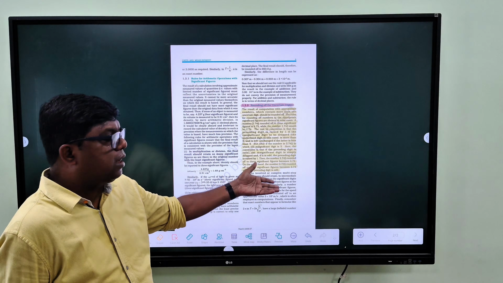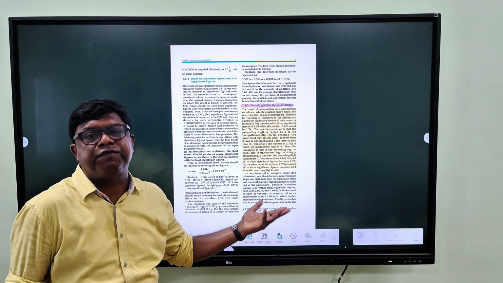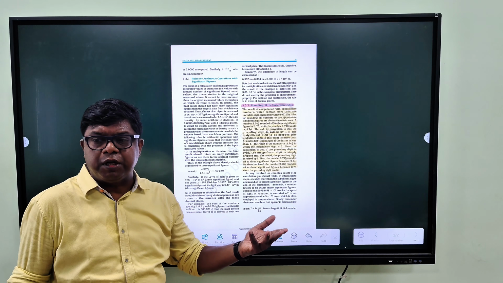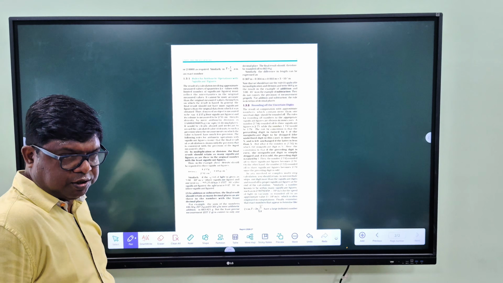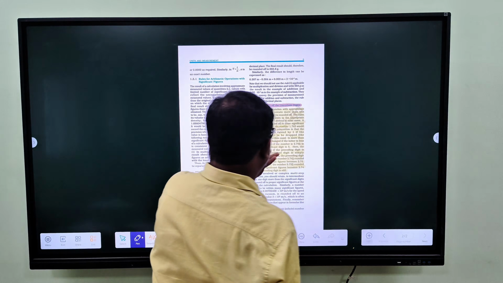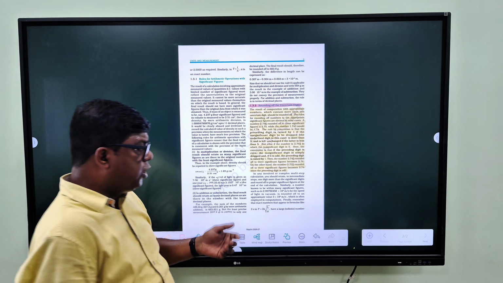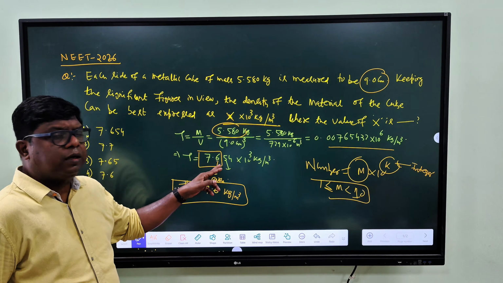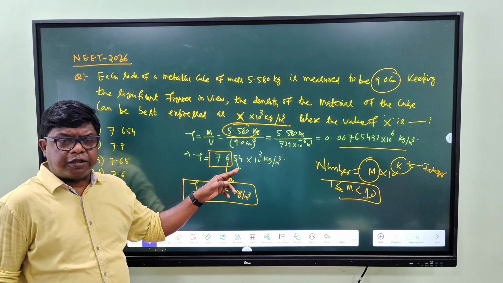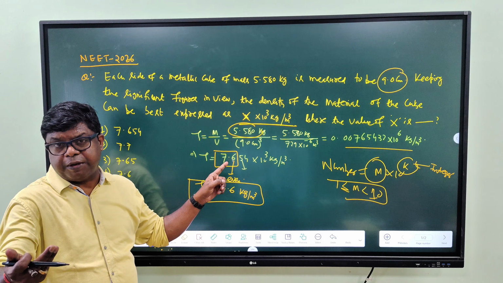NCERT में लिखा है, how to do rounding of these significant figures, rounding of the number into the required number of digits, how it can be rounded. You just see, NCERT में लिखा है, the digit which is to be rounded: if the next one is greater than 5, the digit to be rounded will be increased by 1.